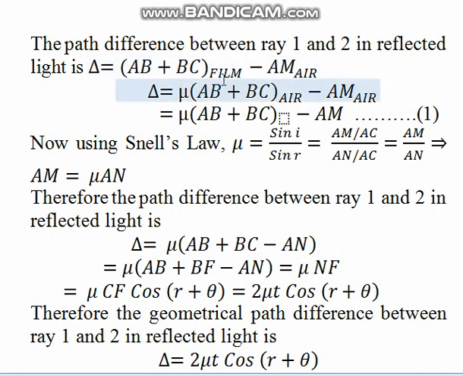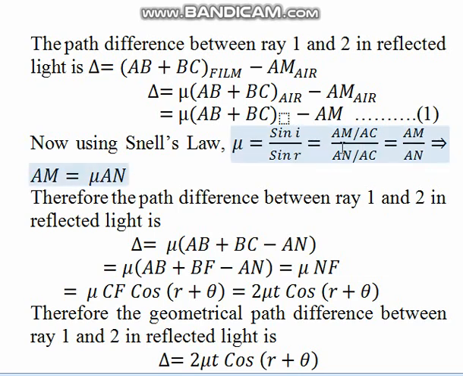In order to convert the film path into air, we multiply it by mu. Now both paths are in air, so in the next line there is no need to write air again. Here we simply write the path difference as equation number 1, and this equation is in the air medium.